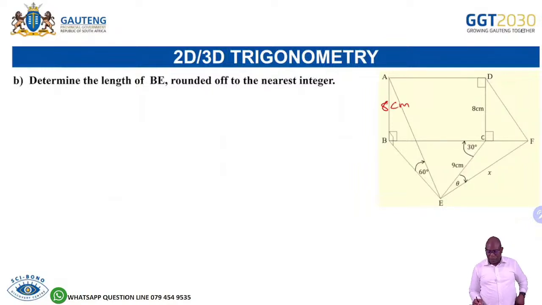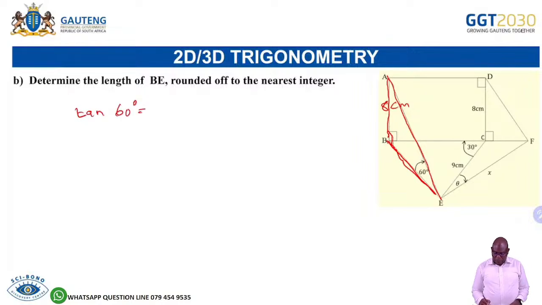Now they say determine the length of BE. If you check this triangle here, ABE, it's a right angle triangle. Remember that it said it's on the same horizontal. So that triangle ABE is a right angle triangle, and it's indicated there on the sketch, so which means that for BE I'm going to use the tan of 60 degrees, because tan is opposite over adjacent.